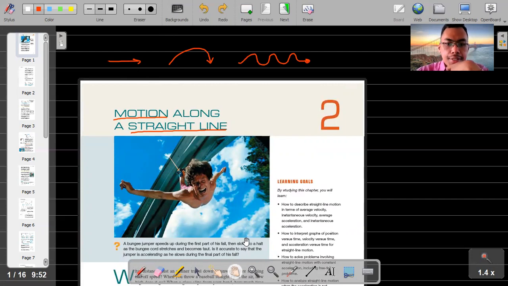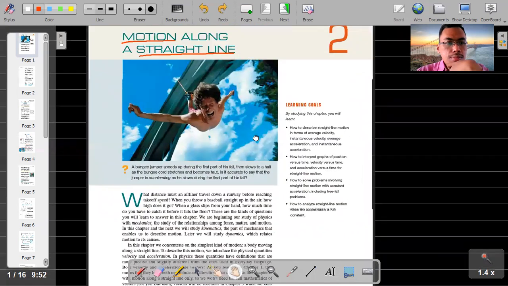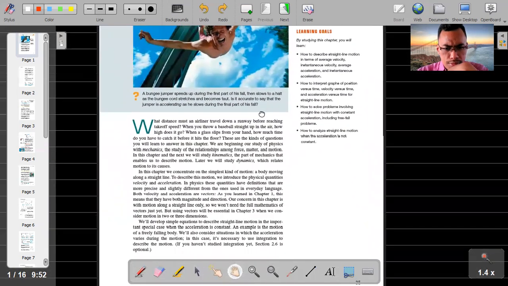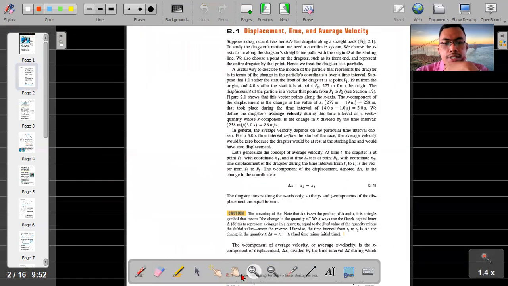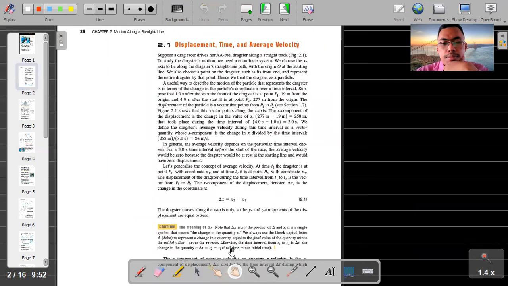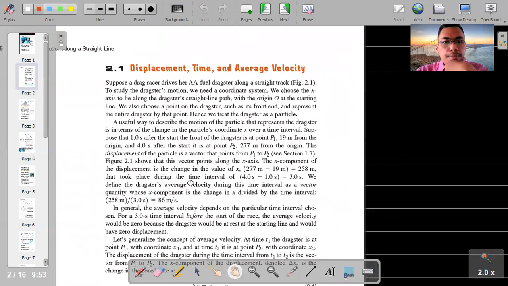Okay, I think we can go to the next page. So this is the concept. There are terms that we need to understand first.